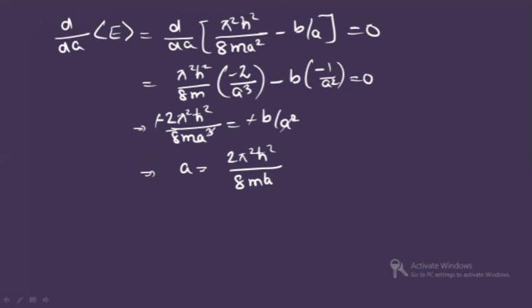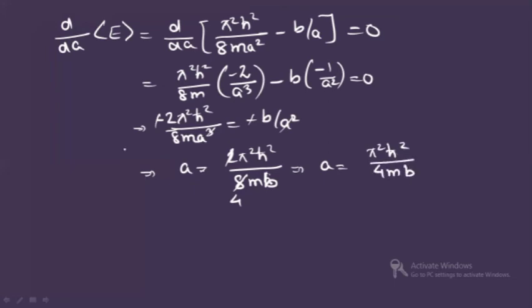Of this a cube, only one a will be there, which is taken to the other side. So you have 8 m b, sorry, this is b. So this will cancel, 2 and 4 are, right? So finally a is equal to pi square h cut square by 4 m b.